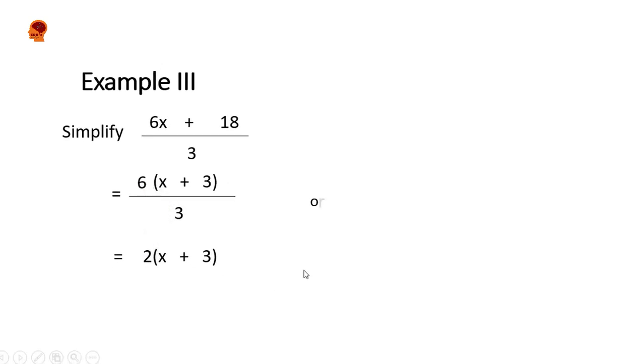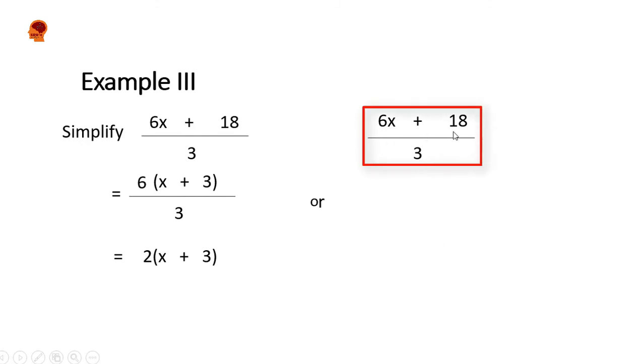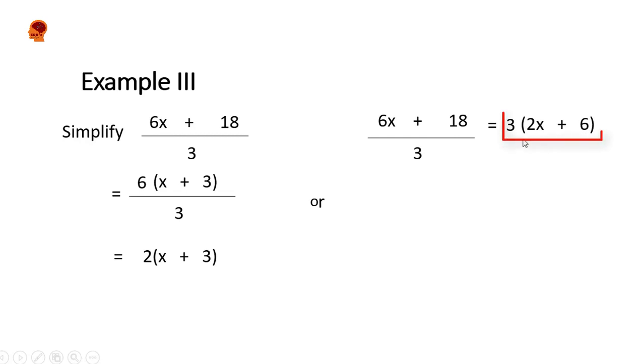Very, very simple. Or you can also solve it this way: 6x plus 18 all over 3, and then we factorize 6x plus 18. There are different ways you can factorize 6x plus 18. You may not use this, you may use the other one I'm going to use now. By saying 3 into bracket 2x plus 6, which still gives you the same thing as 6x plus 18, because 3 times 2x gives you 6x and 3 times 6 gives you 18.